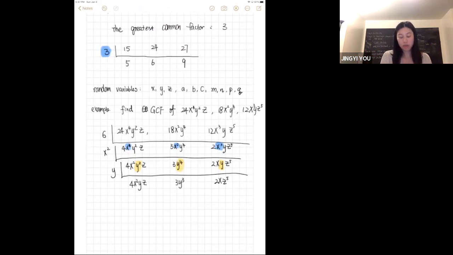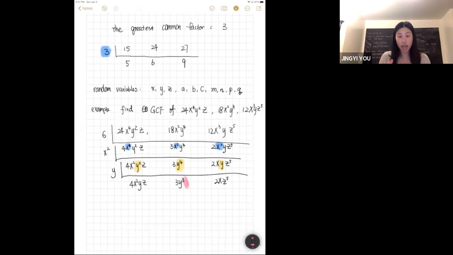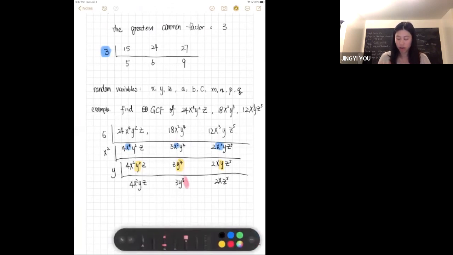So now the next step is we need to check z. Since the second number doesn't contain any z, that means z is not a common factor for all 3 numbers. So now we found the common factors in here.